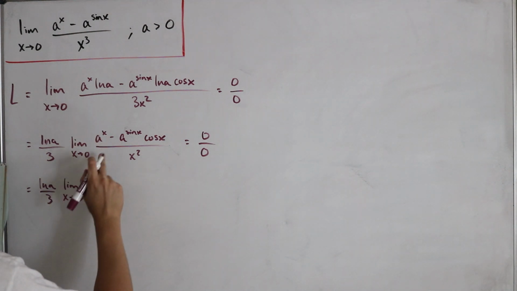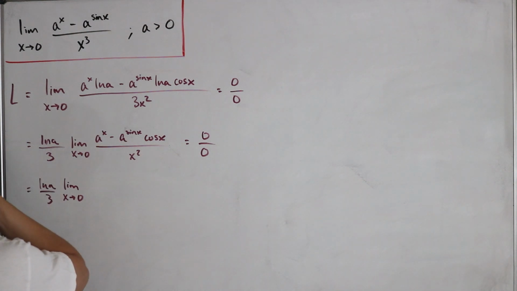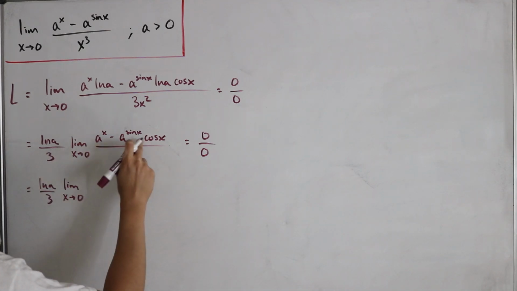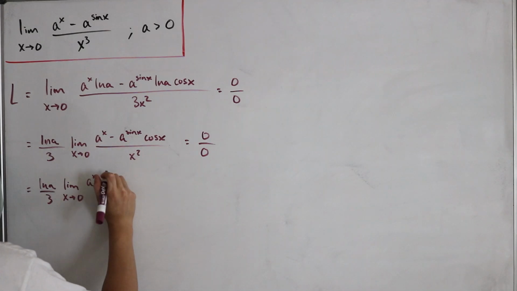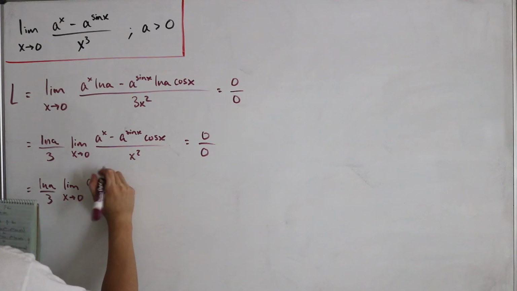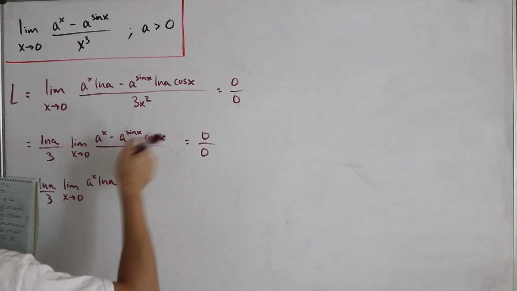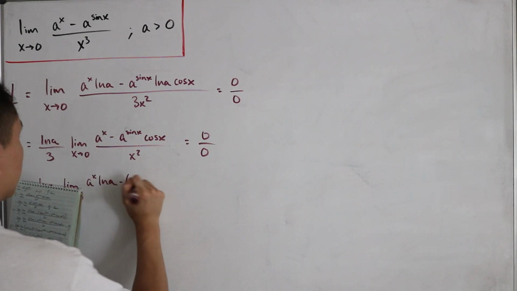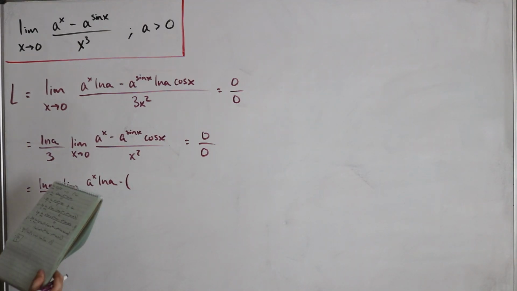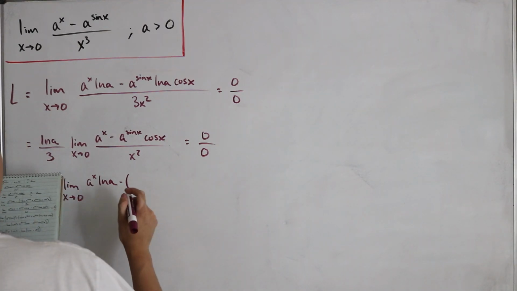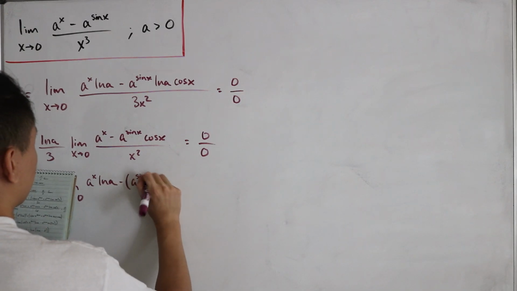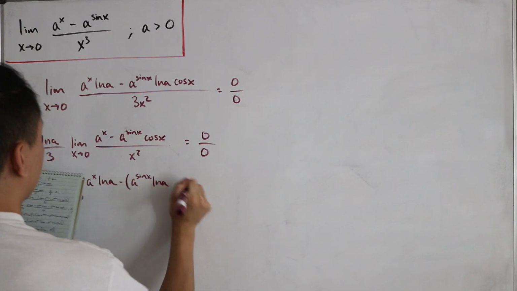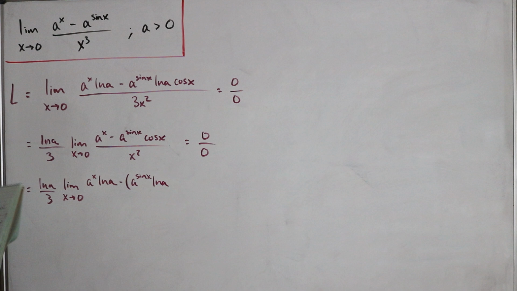We have to be careful here because we have to take the derivative of our numerator, and we have the product rule to apply carefully. So first I have a to the power x times ln of a. Then of course we have to apply the product rule over here, so we want to be super careful with this. This one will be a to the power sine x multiplied by ln of a, and then multiplied by its derivative, which is cosine of x.